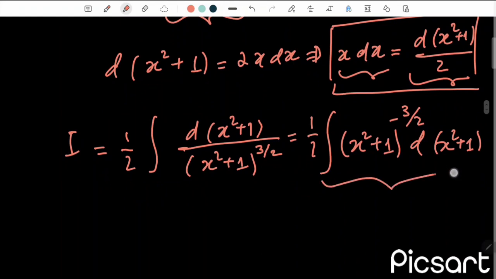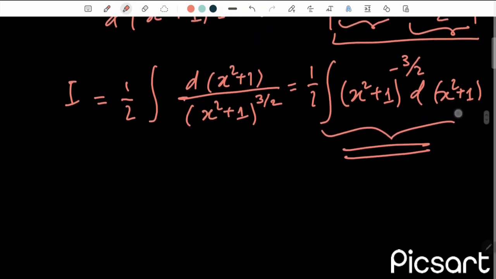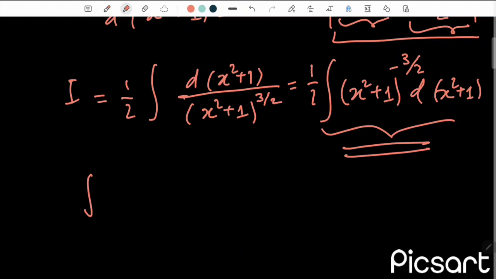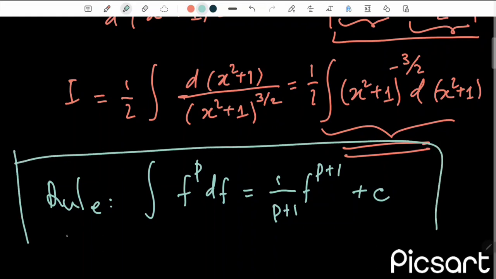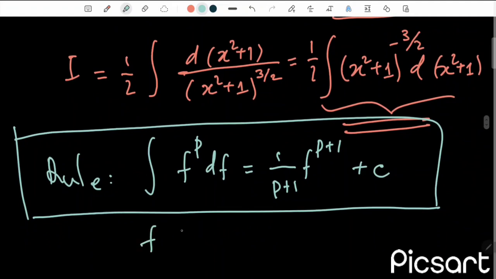For now, if you watch the previous videos, this looks like one of the rules that we started previously, which is the integral of f power p df equals 1 over p plus 1 times f power p plus 1, plus c, where here f for us is equal to x squared plus 1 and our p is equal to minus 3 over 2.